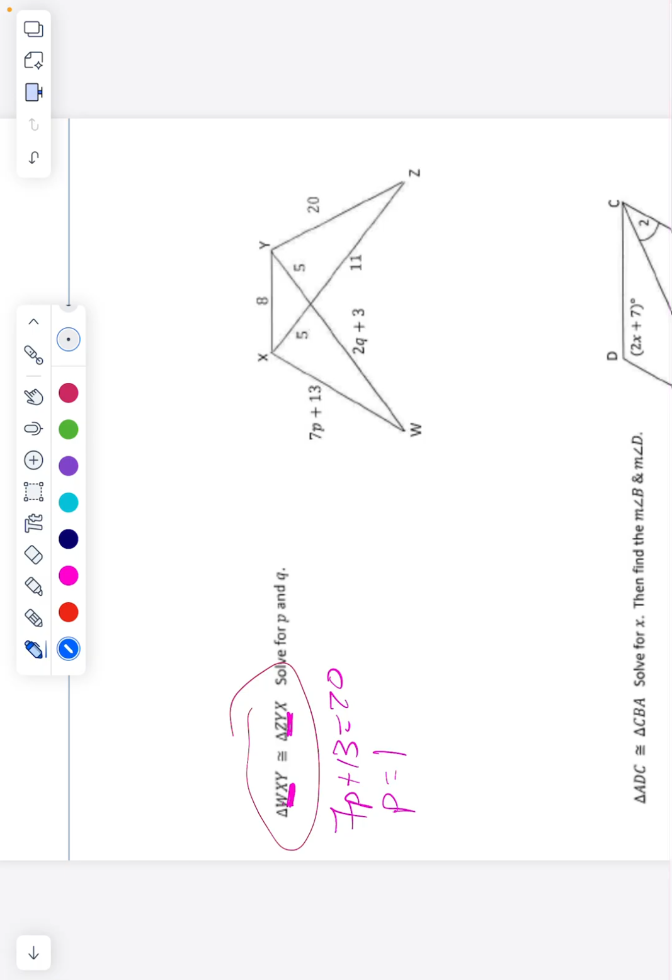How about Q? 2Q plus 3 equals 11. Okay, so he's saying this piece equals this piece. Is that a safe thing to say? Technically, yes, but be careful, because were we told that these triangles were congruent?